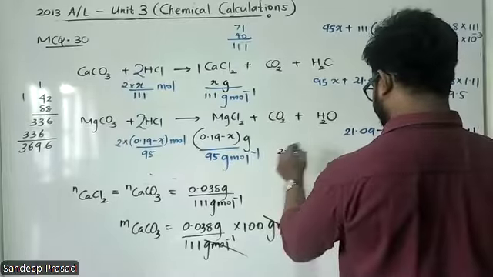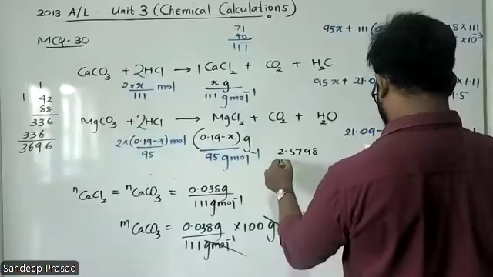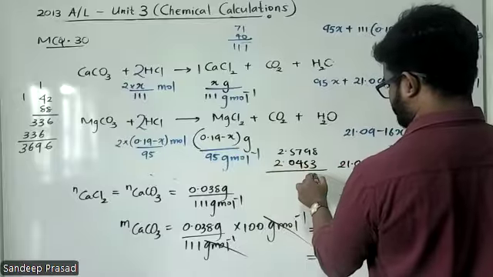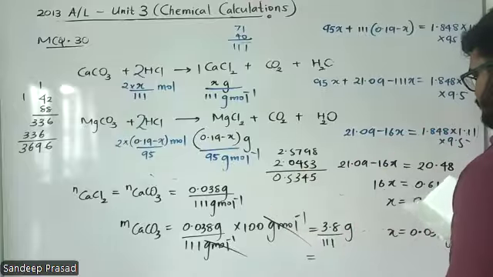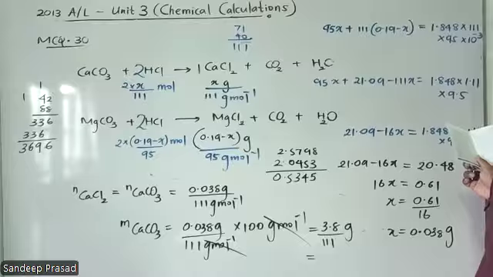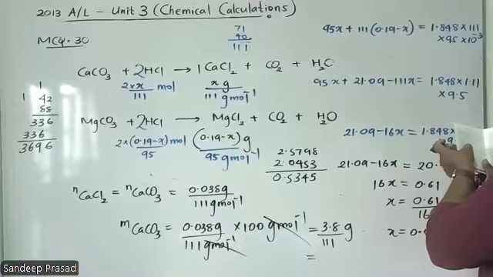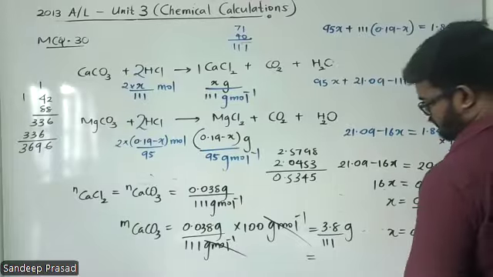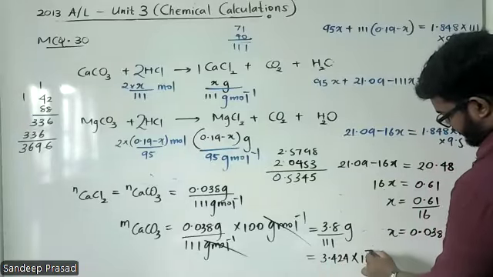Let me take 380, 5798, 111... So 5345, 34 to 4. 10 to the power minus 2 grams.